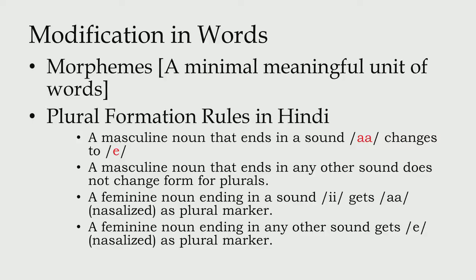When we were looking at plural formation of Hindi, we saw that though we have several types of words, and we see a lot of variation in plurals, there are pretty straightforward rules that operate in giving us plurals.